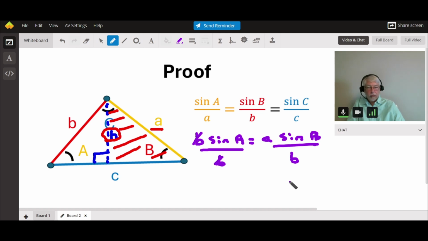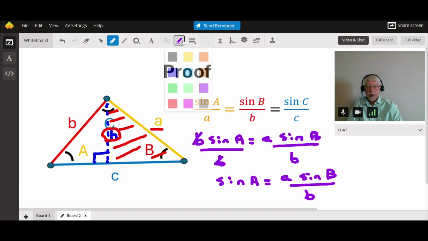The b's cancel, and you have sine A is equal to a sine B over b. Now, let's divide both sides by a.